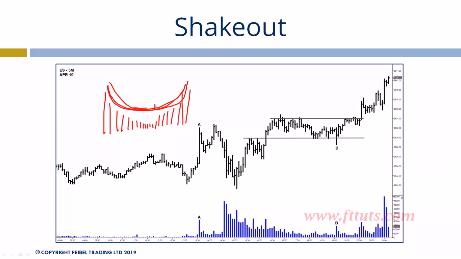Now, here's the caveat. If we print a bar during the day that has a wider spread or higher volume bar than the US Open, so this is our US Open bar, and we print a bar with this volume during lunch, this is a price action aberration. And the odds increase dramatically that this is indeed some form of climactic behavior.